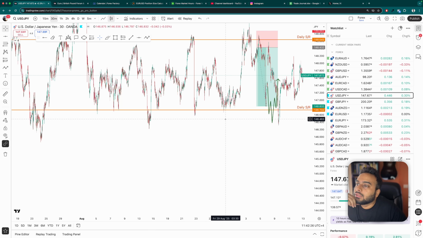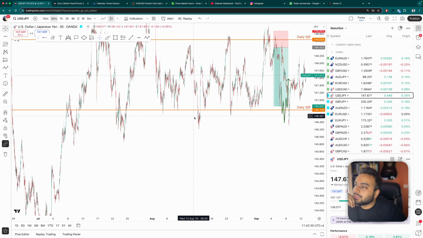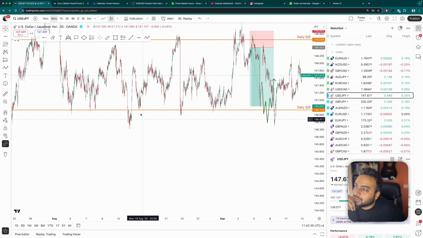And the second thing is, even when this happens, it doesn't matter. The price comes here and then goes back again. After a moment like this, the first time after it has touched here, it is going to touch multiple times.